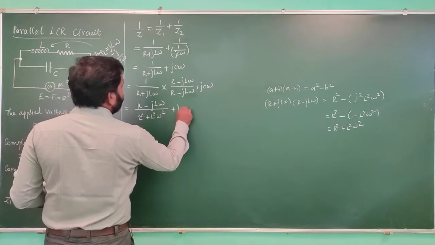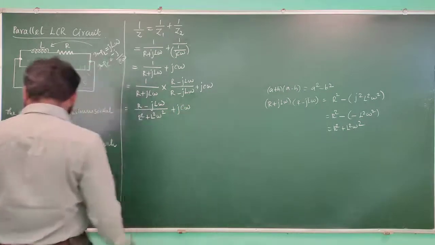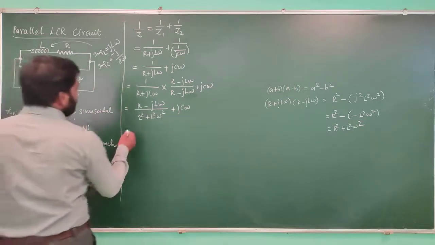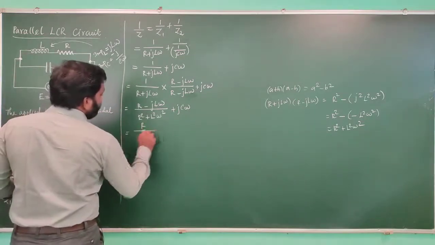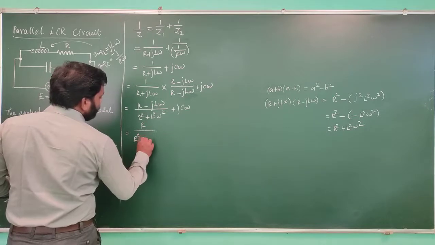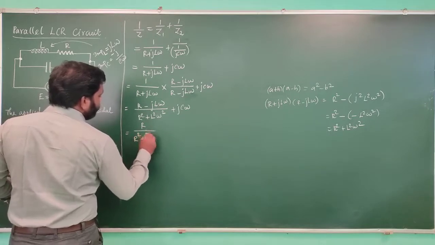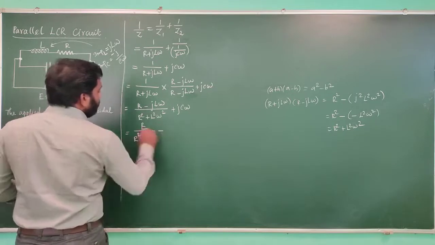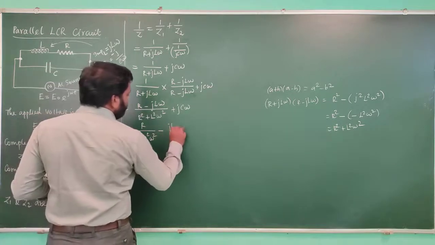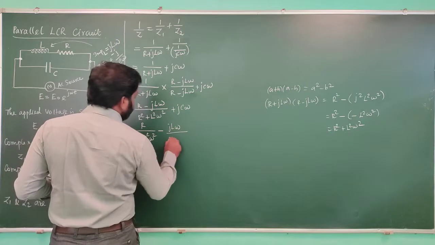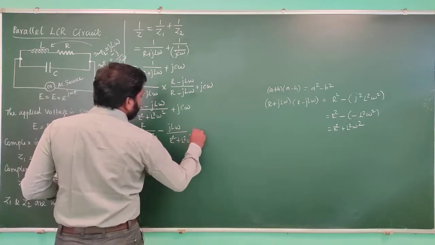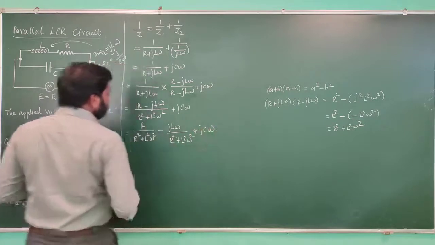So here this becomes R square plus L square omega square, plus j C omega. Or we can write R by R square plus L square omega square minus j L omega divided by R square plus L square omega square, plus j C omega.